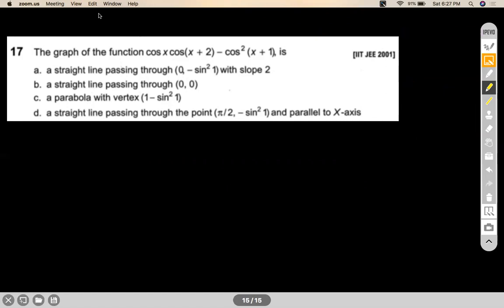The graph of this function is which of the following? Let me launch the poll.